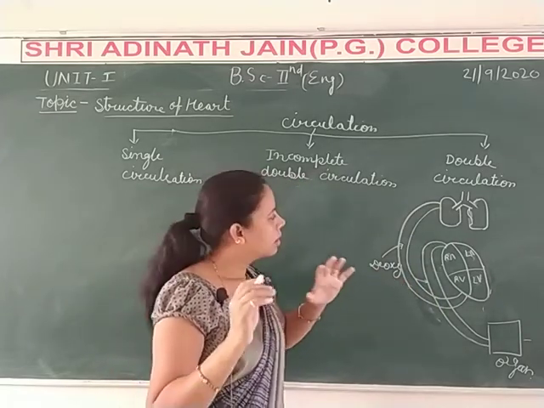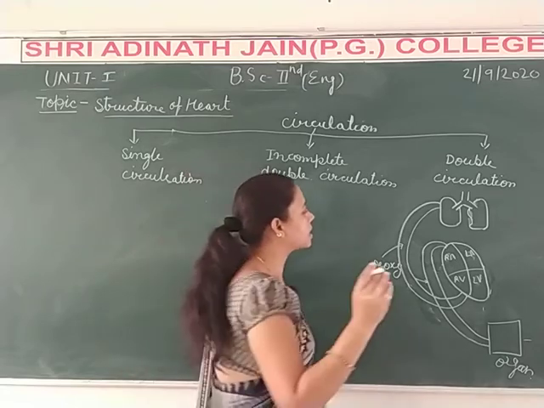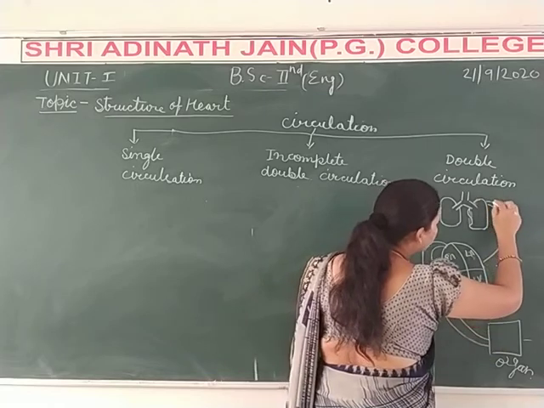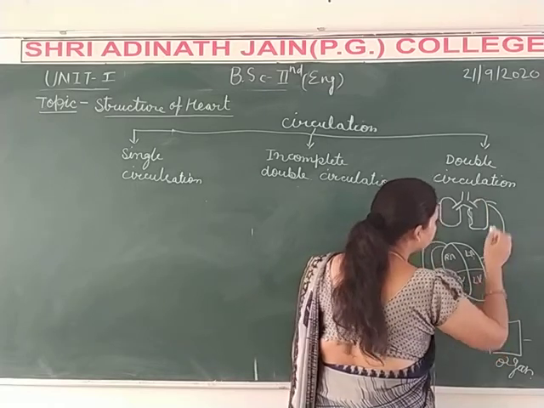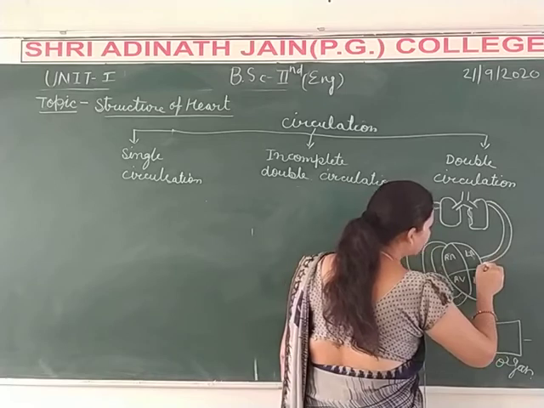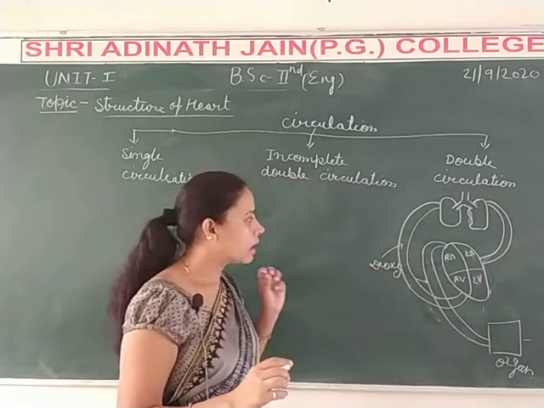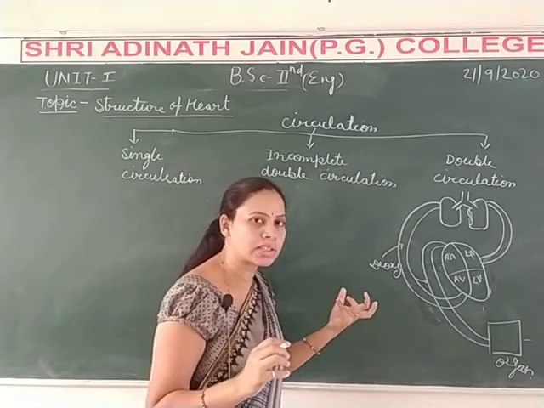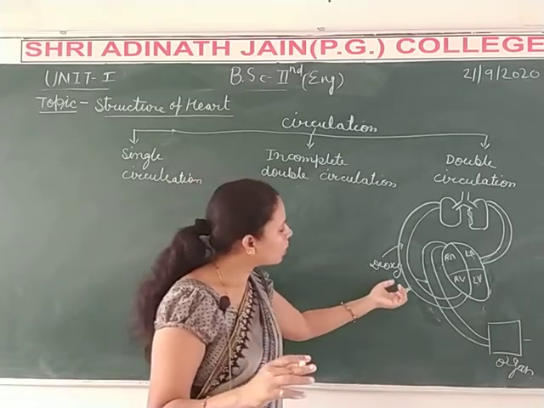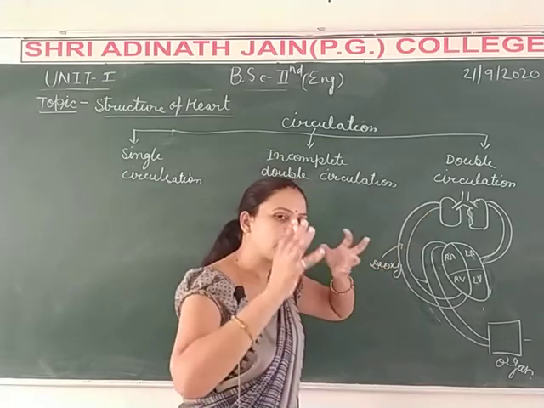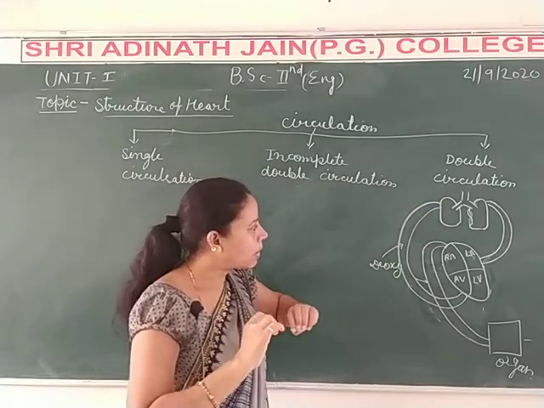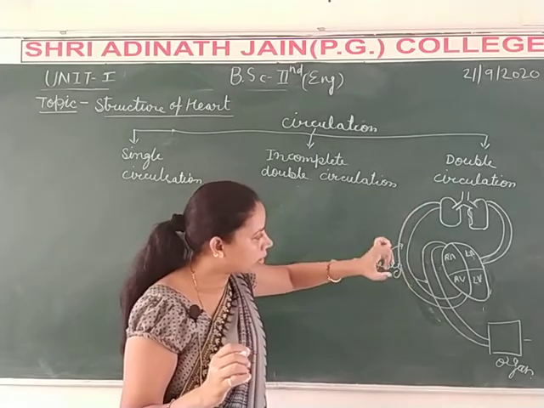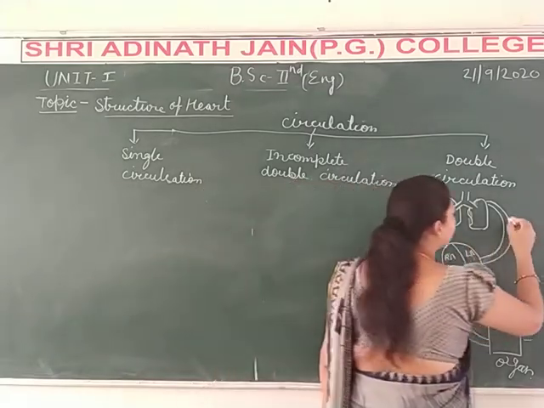In the lungs, the blood is oxygenated. What is the functioning of the lungs? The lungs oxygenate the blood which is deoxygenated. यहाँ पर जो deoxygenated blood lungs में enter कर रहा है, that blood is oxygenated in the lungs area.